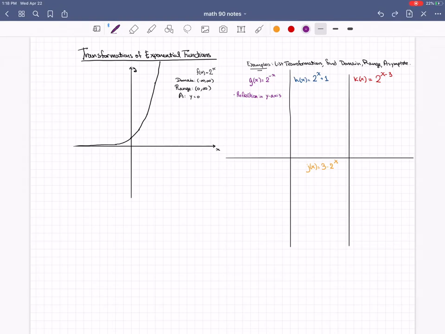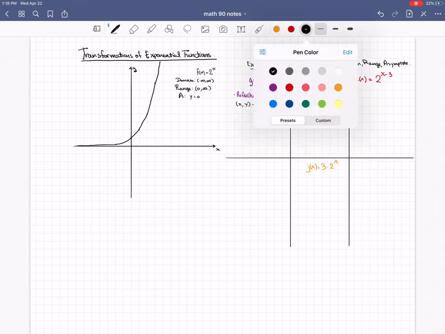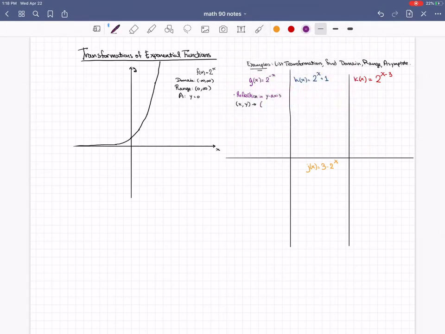So if you start with a point on the graph of f, let's call such a point x, y, the x-coordinate gets reversed. It becomes negative x. The y-coordinate stays the same.